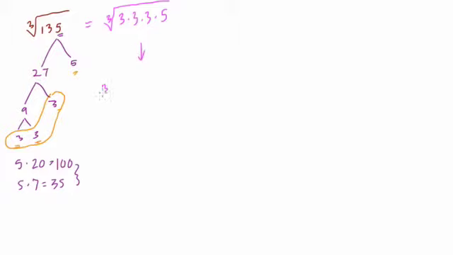Then, right, we split this up, so it's the cubed root of 3 times 3 times 3, or 27, times the cubed root of 5. You can almost see it. The cubed root of 27 is 3. It's right here. 3 times 3 times 3. The cubed root of that is just 3. So the cubed root of 27 is also 3, times the cubed root of 5. That would be your answer.